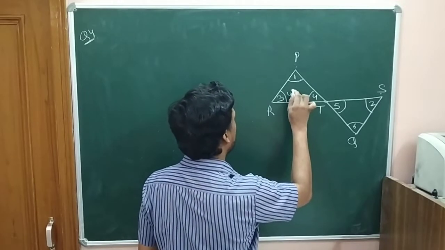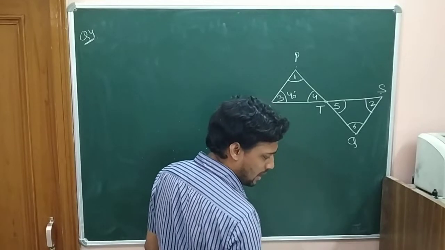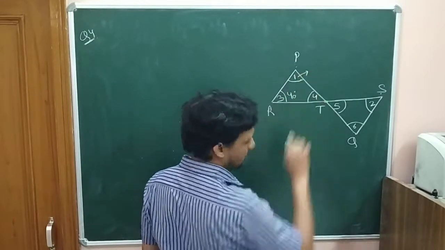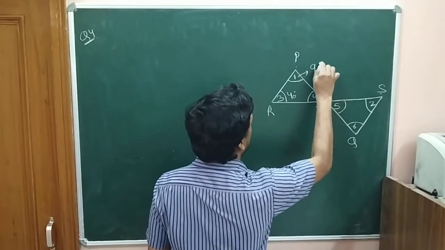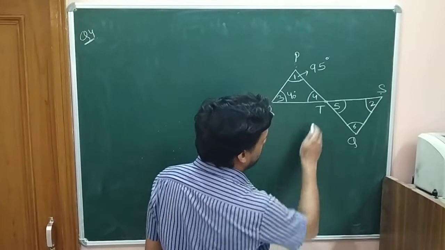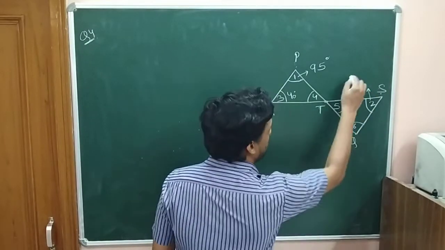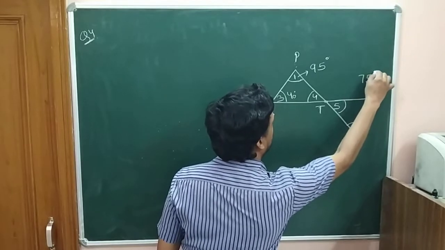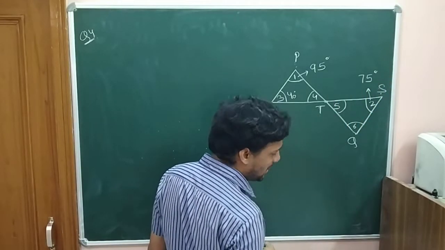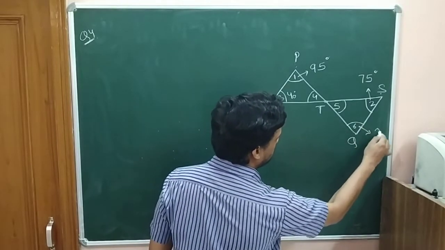This angle is 40 degrees. Angle RPT, meaning angle 1, equals 95 degrees. Angle TSQ, meaning angle 2, is 75 degrees. Find the angle SQT. You have to find angle 6.